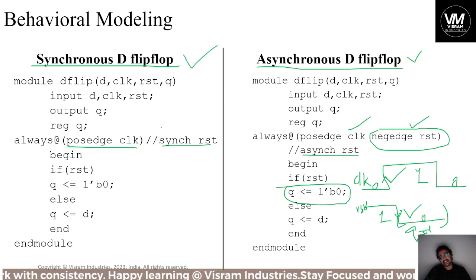Remember this as an important note. You will be getting this application in the real-time project. Based on that, you will again remind yourself about this example of synchronous and asynchronous. Sometimes we require asynchronous reset or asynchronous D flip-flop application based on the design complexity.